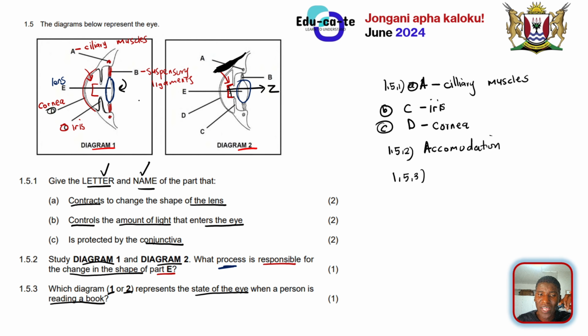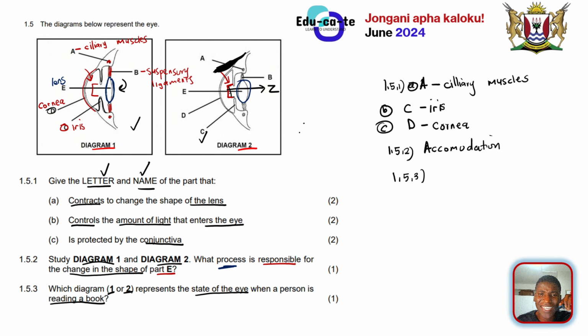Alright, so here, in other words, they're trying to ask which diagram between 1 and 2 represents the accommodation for near vision. I've already clarified that during near vision, the lens is more convex, more rounded. You can see that here in diagram 1, the lens is sort of slim.